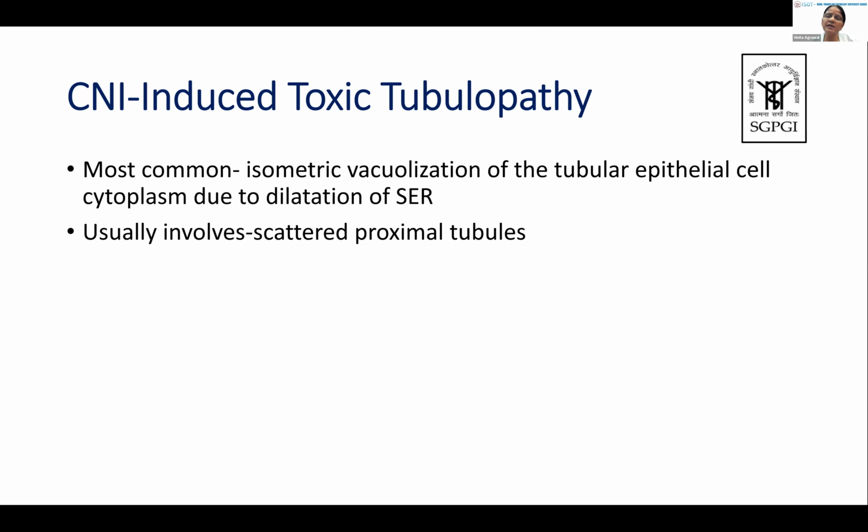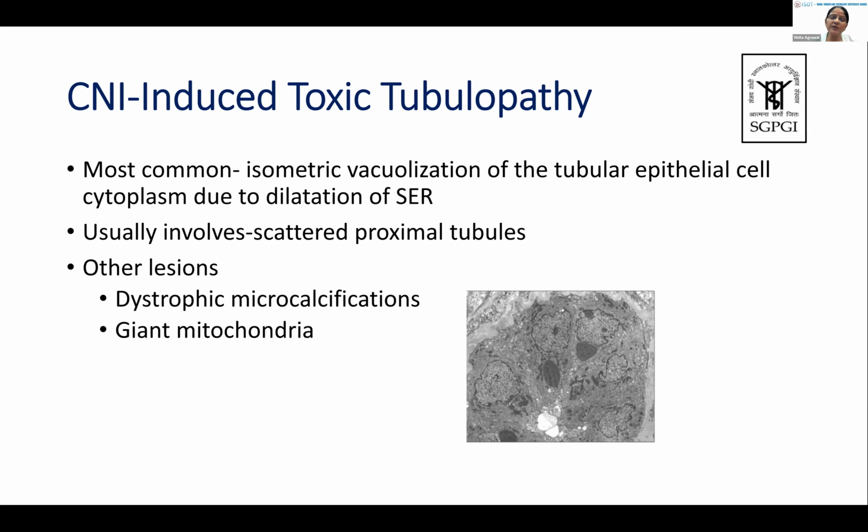You can also see some isometric vacuolization because of other agents which cause osmotic injury, due to formation of phagolysosomes, so dilatation of the lysosomes. As I said, this is not a specific change. It can occur due to osmotic injury also.